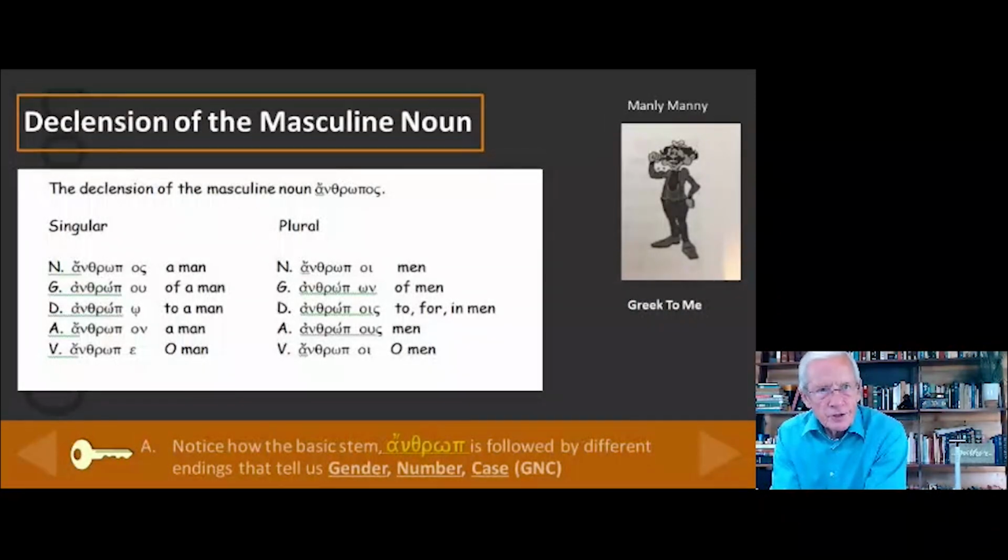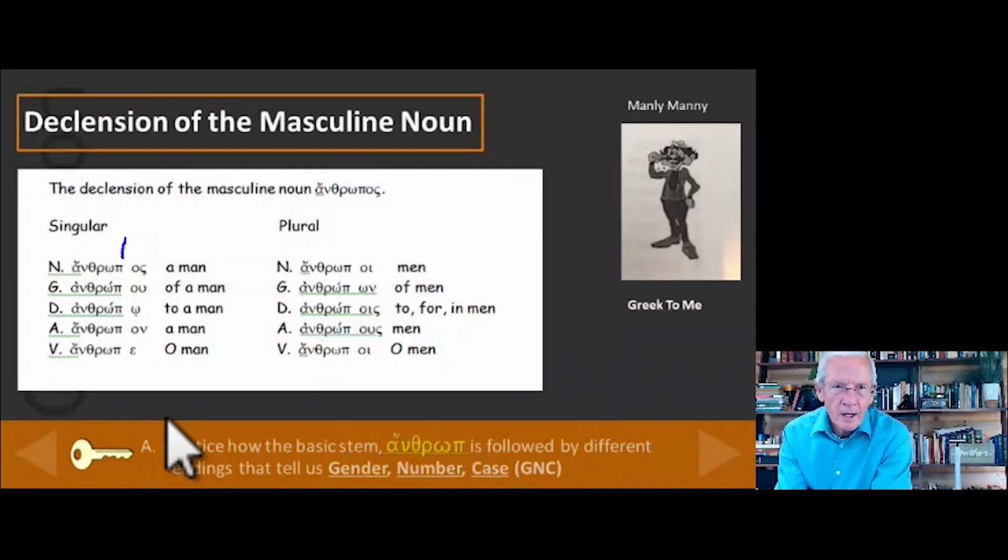Here's the declension of the masculine noun anthropos. Now, what you'll notice here is that you have the basic stem anthrop right here that carries through with 10 different endings. So let's say those together. Anthropos, anthropou, anthropo, anthropon, anthrope.